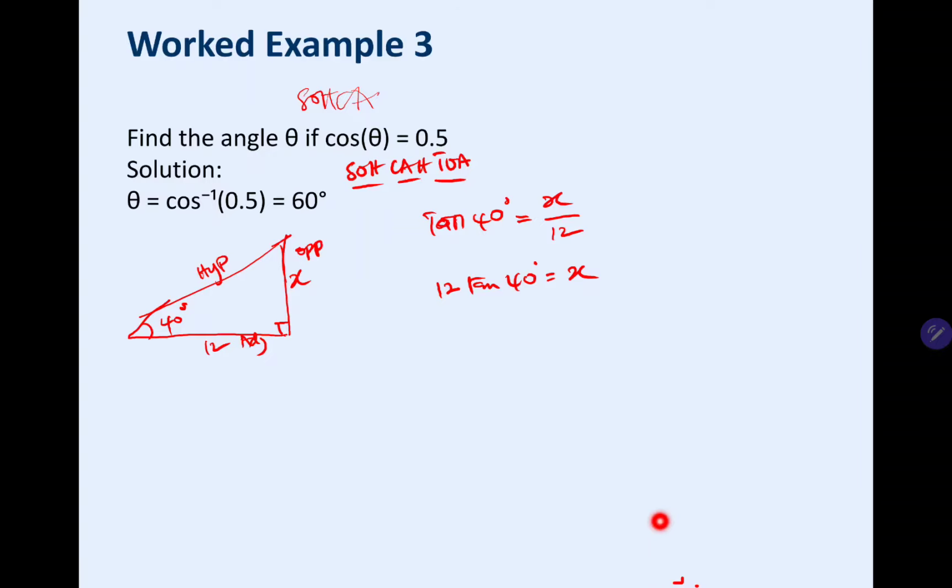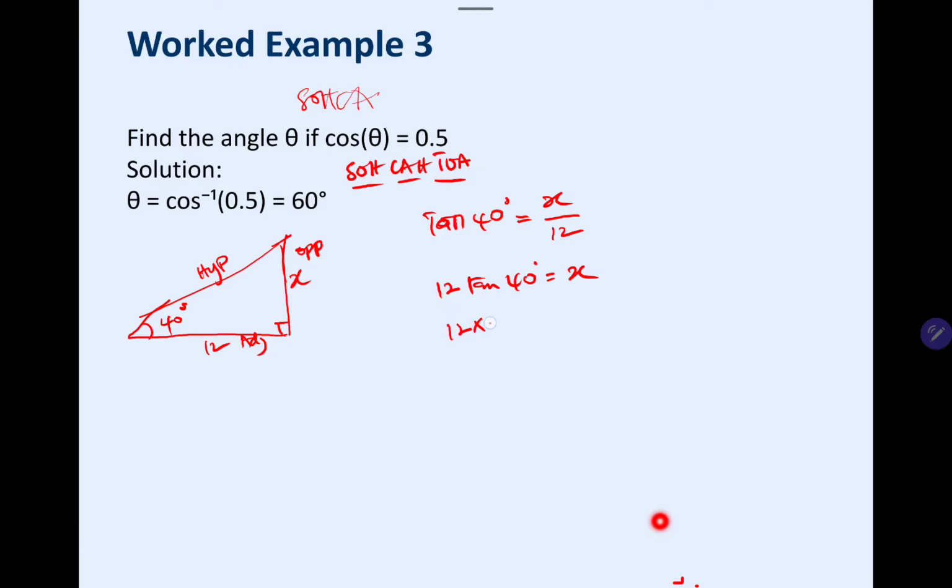And you can use your calculator to know what tan 40 degrees is. Make sure your calculator mode is in degree mode to get an accurate result. So tan 40 will be 0.839.